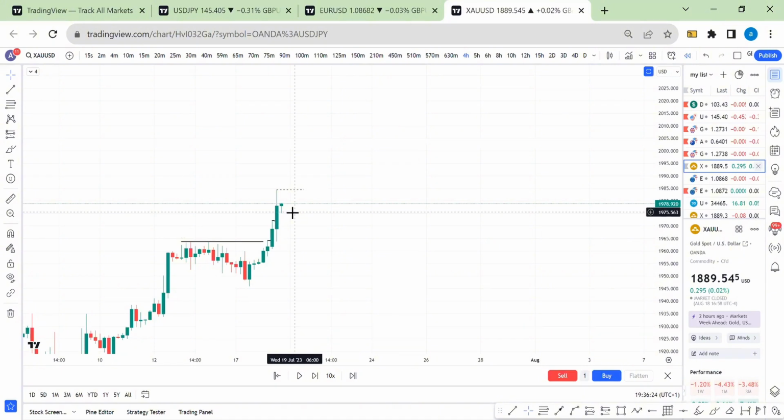Now, after we have gotten our fractal high, the next thing is to get our fractal low. We will get our fractal low in the same format. We'll just be looking at a candle that failed to break the previous candle's high. That's where we'll get our fractal low.